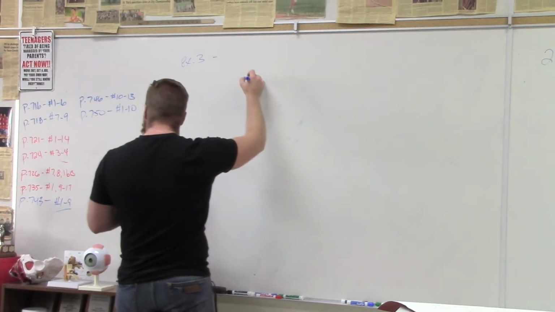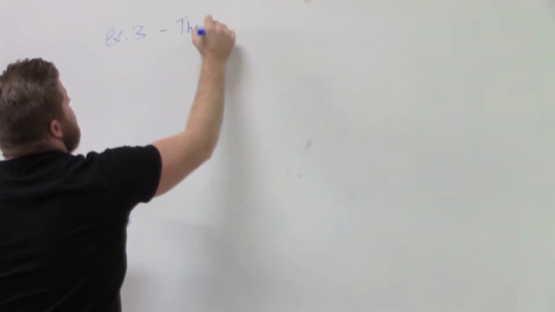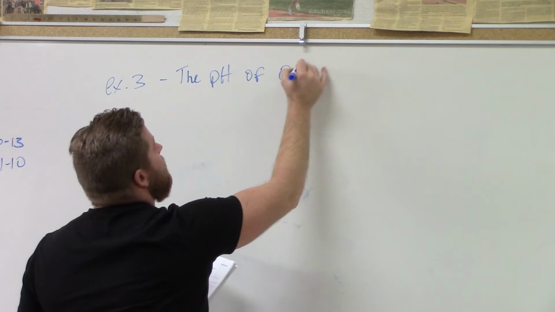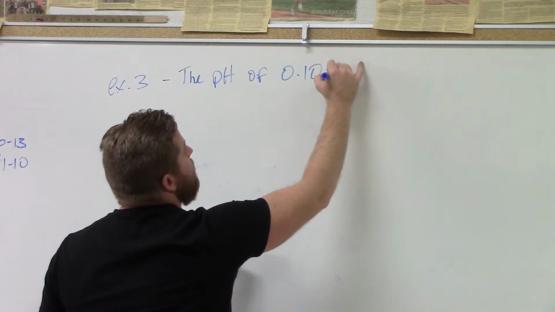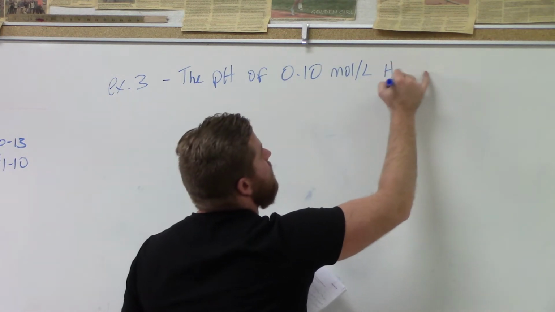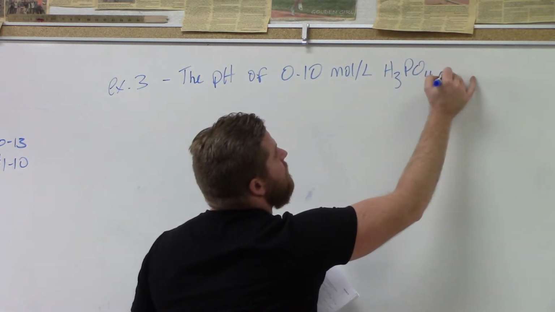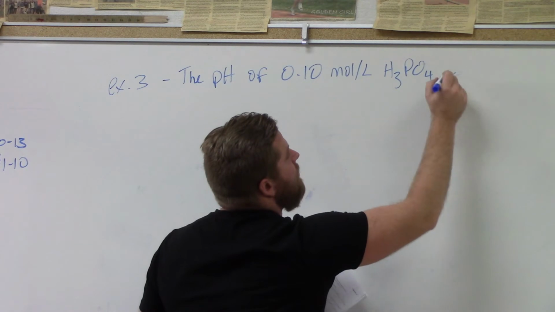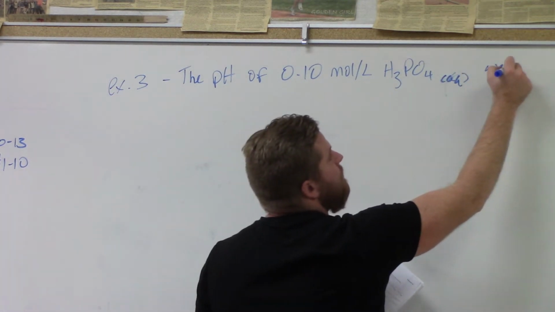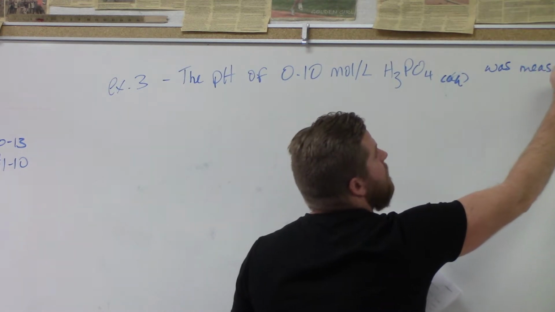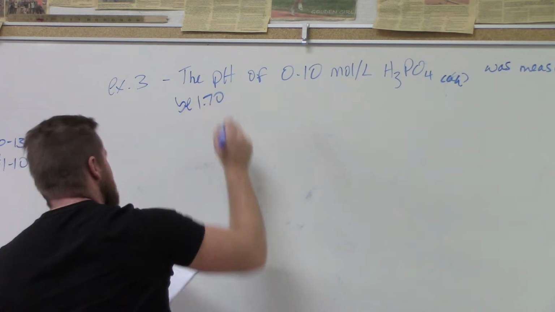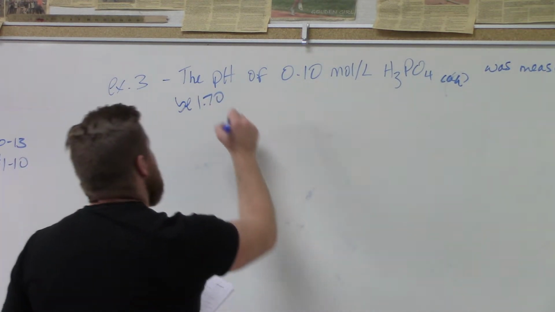So if I look at this example, the pH of a 0.10 mole per liter H3PO4 solution was measured to be 1.70.